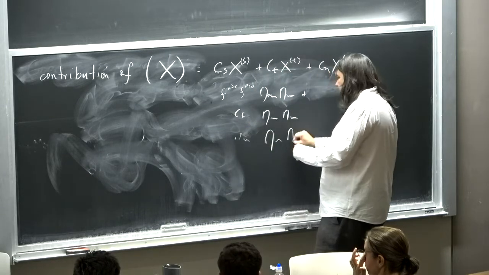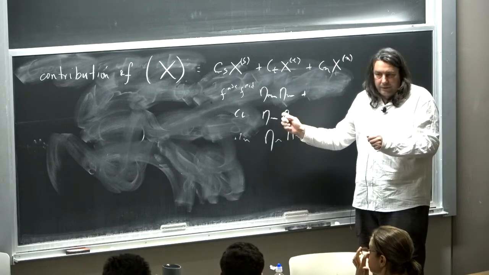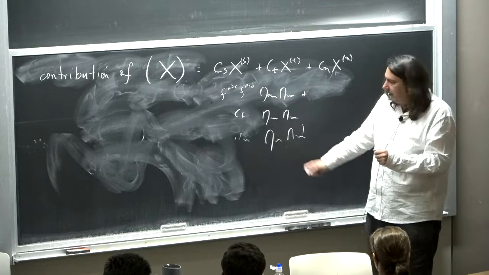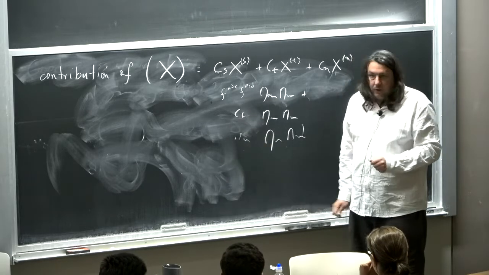You can open up Peskin and Schroeder and look at the four-point vertex. It's just some contraction of stuff times CS plus CT plus CU.